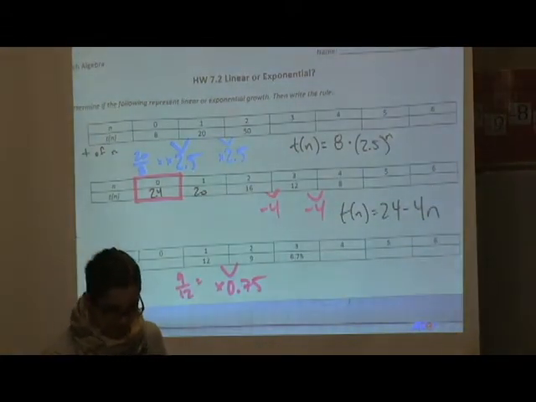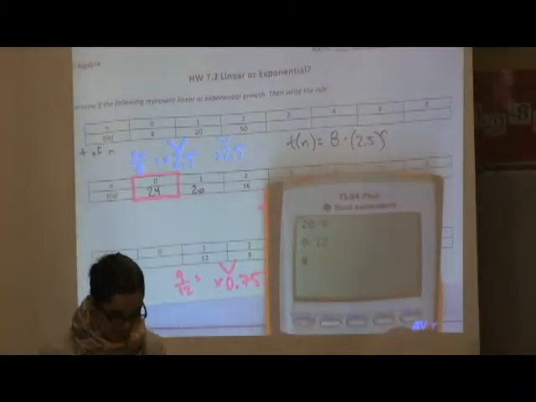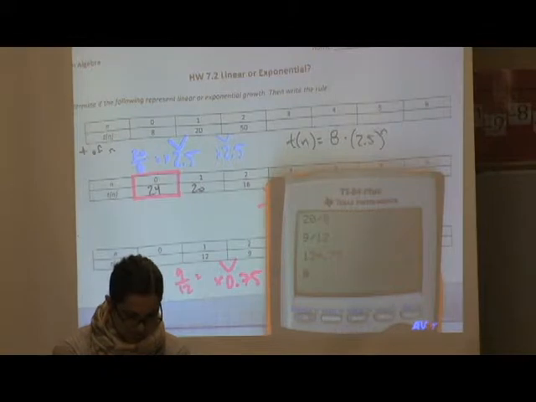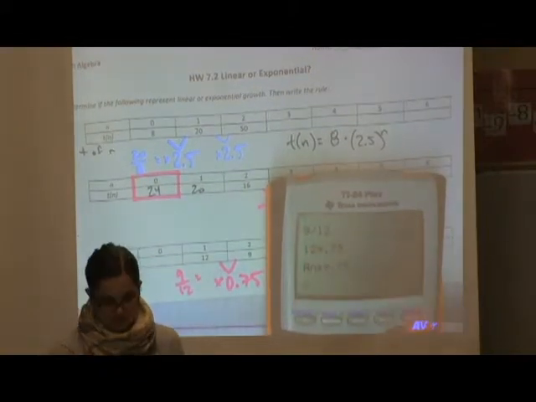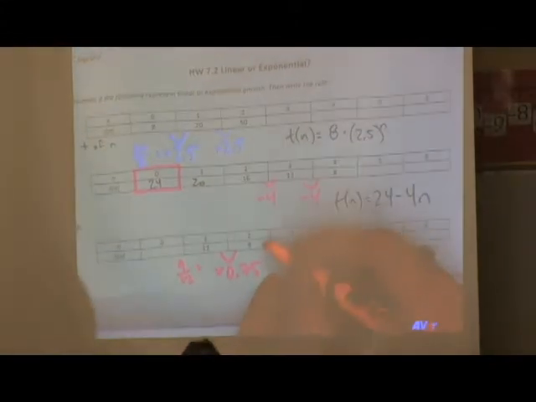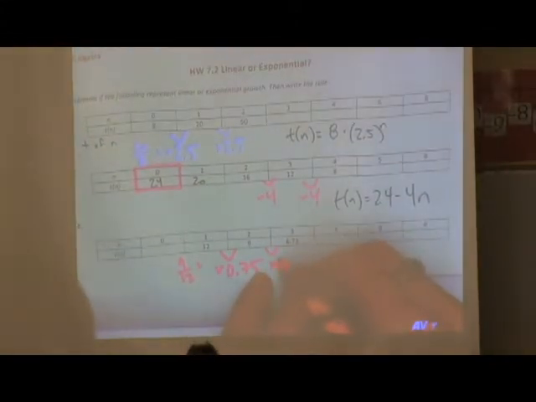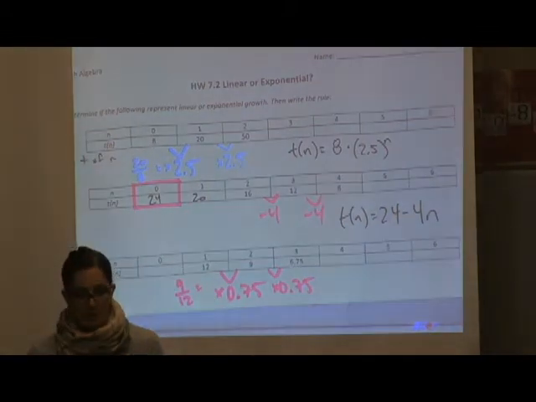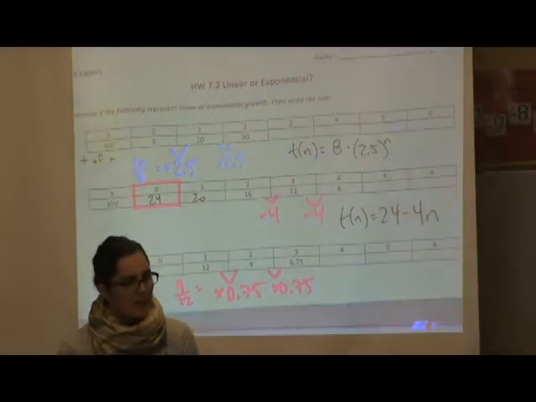And I could check that, right? I can see that 12 times 0.75 is indeed 9, and 9 times 0.75, hopefully, is 6.75. So now I have found my multiplier. I'm multiplying by 0.75.